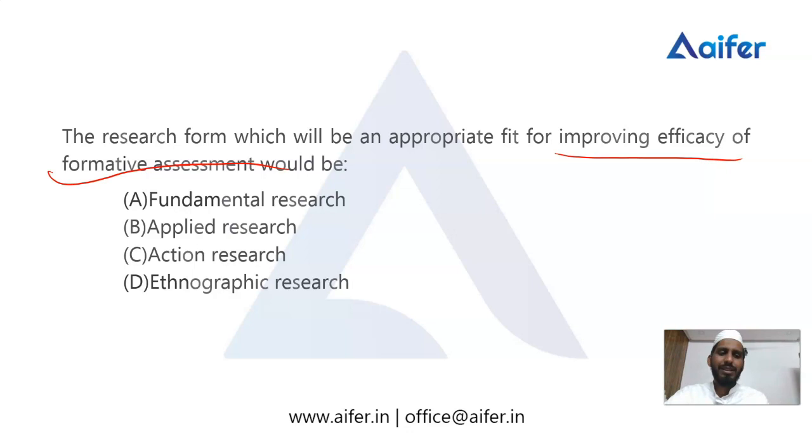That is applied research. Then what is action research? Action research is most probably conducted in a school situation or organizational situation for improving efficacy, for example of employment, or for decreasing the absenteeism of employees, and such kinds of research.